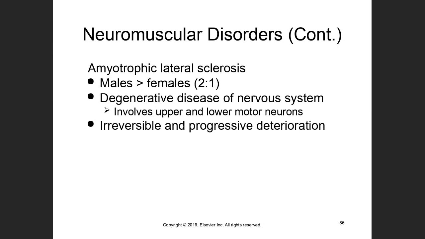Amyotrophic lateral sclerosis is also a neurological disease. I don't know why it is right here because we're talking about the lungs. It could produce problems in the lungs due to muscle weakness, but it's not a lung disease. But it's okay, we're going to cover it. Does nobody know the other name for this disease?